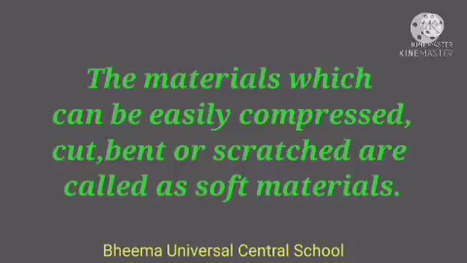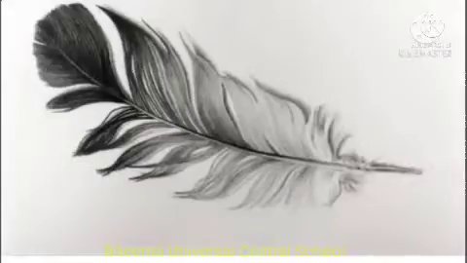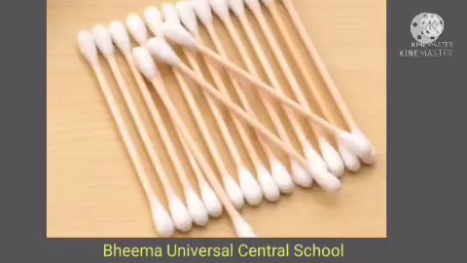Tell me examples of soft materials. Very good. Wool, cotton, silk, butter, feather, tomato and skin. Cotton is used to make earbuds as it is soft and hence will not damage the ear.